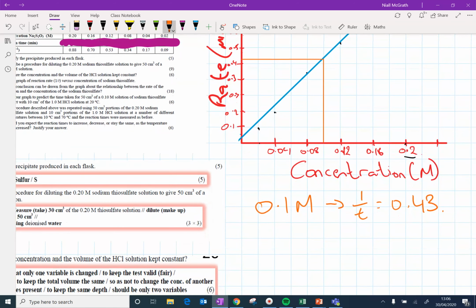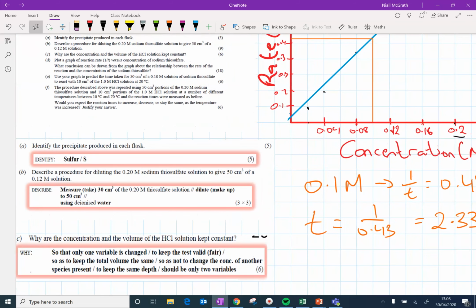To find our T, we're going to put 1 over that number again. 1 over 0.43 gives us an answer of 2.32 or 2.33. And that is your time. That's your answer for part E.